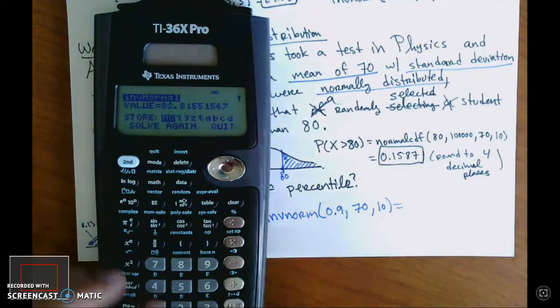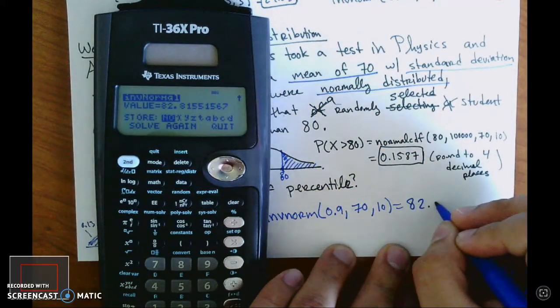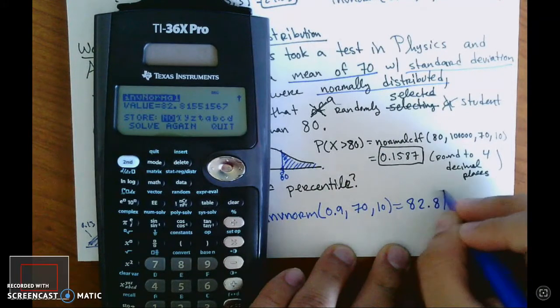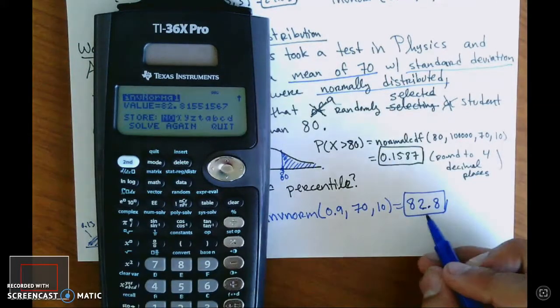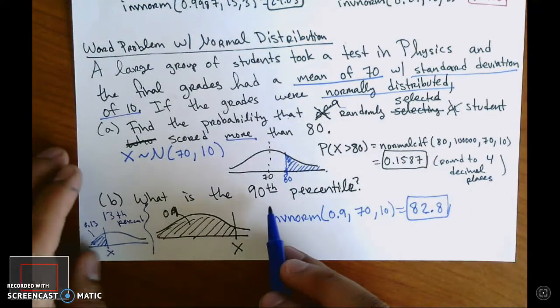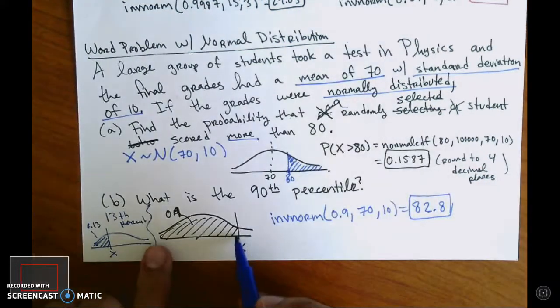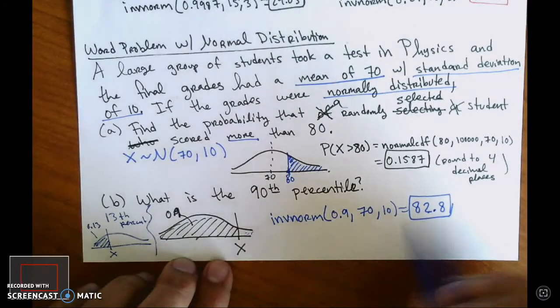My answer is around 82.8. So this value, a score of 82.8, is in the 90th percentile. Okay, so that's high. That means 90% of the data is right below you, so you scored among the top, up here.